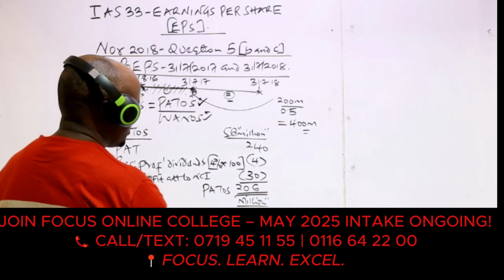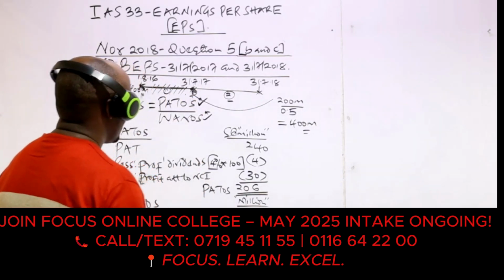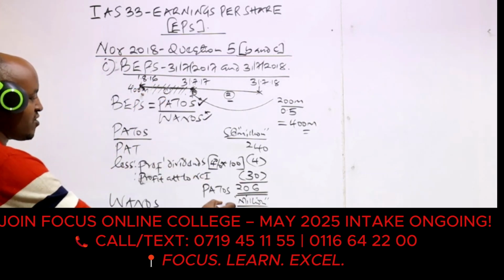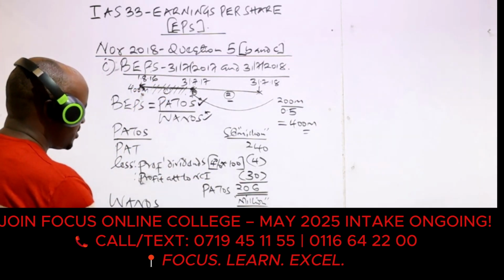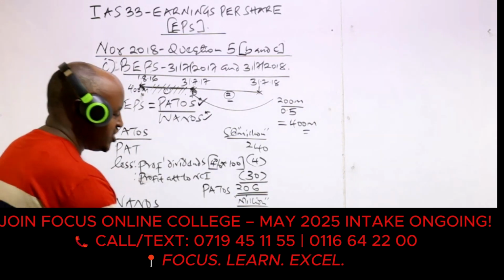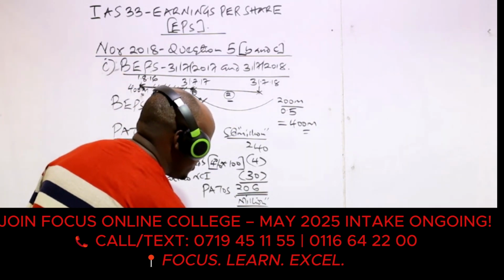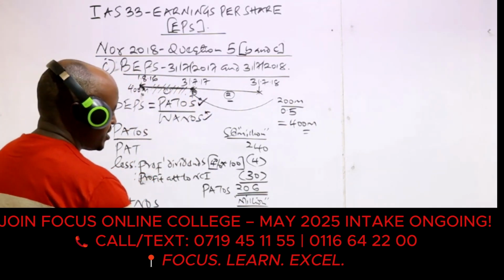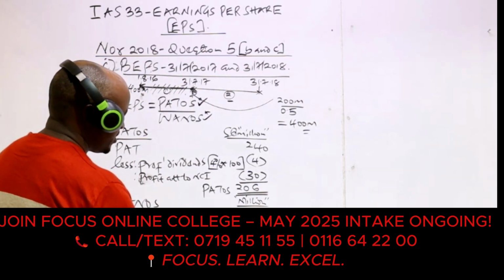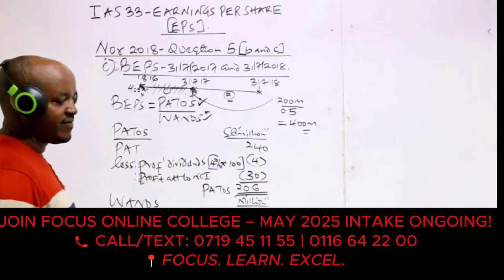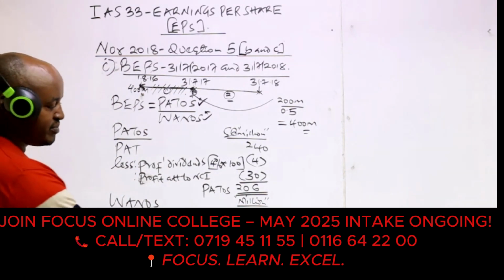So basically the shares issued at the start of the first year were 400 million. And we are saying that during the first year, there were no shares issued, because if there are any, then we come and we add them here. So the weighted average number of ordinary shares for the first year will be 400 million.